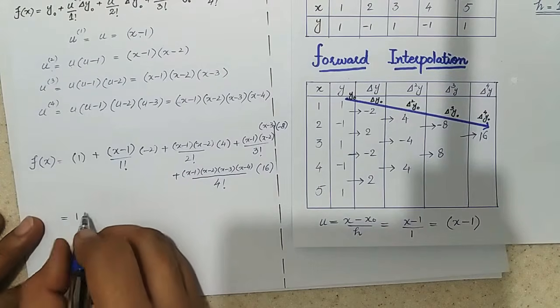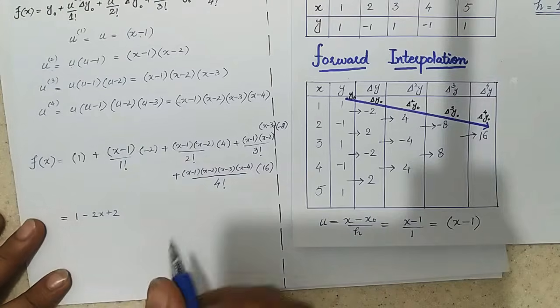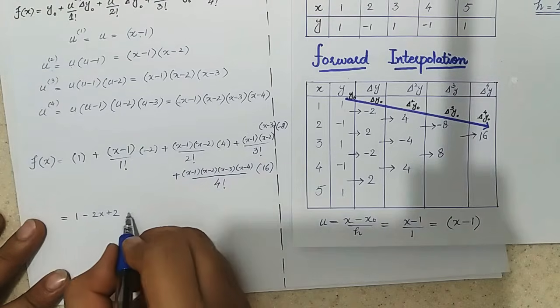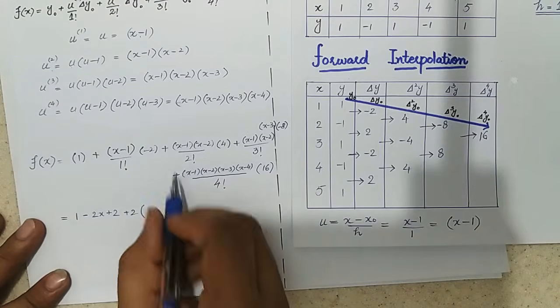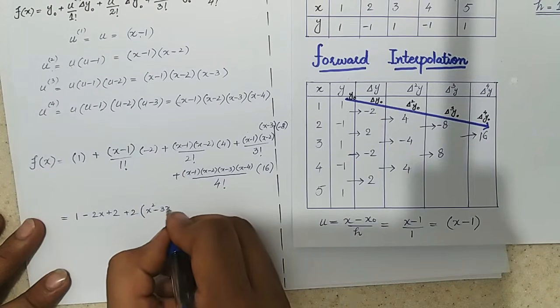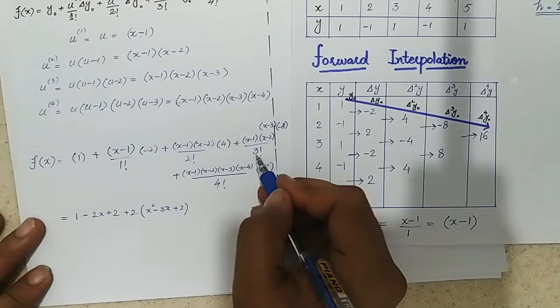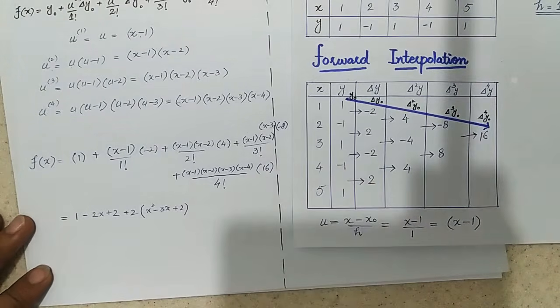1 minus 2x plus 2. This is 4 factorial, this is 2, so we will get here 2 into x square minus 3x plus 2. This is 3 factorial and this is 8 minus 8.